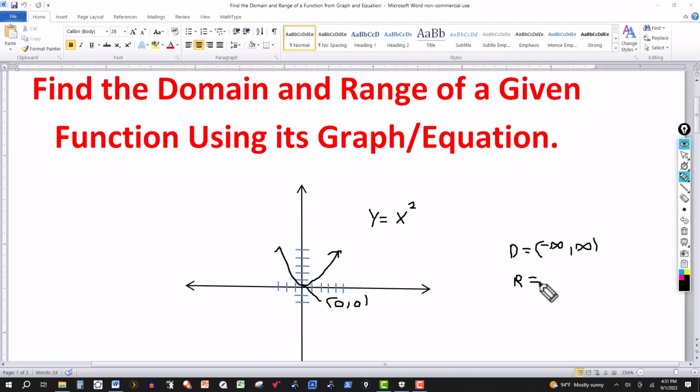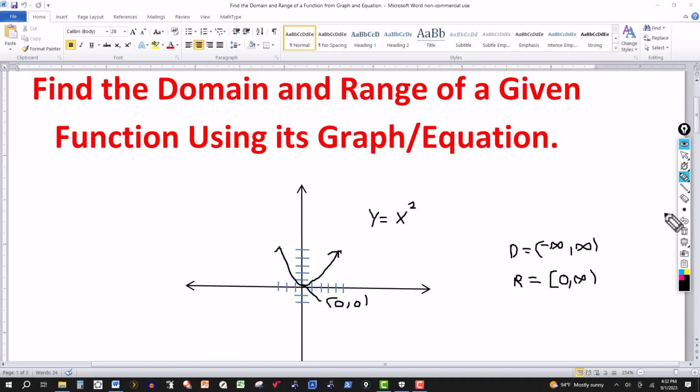So no matter what value you pick for x, the y value has a minimum value of 0, and then it increases. So right here is 0, and from then on it increases. So the way we denote that is the range for the y value. Minimum value is 0. Bracket here means that 0 is included, 0 to infinity.